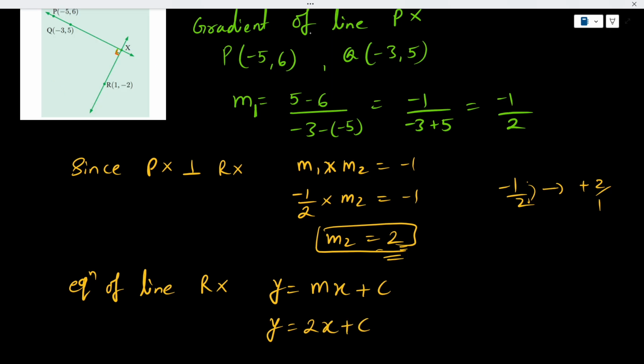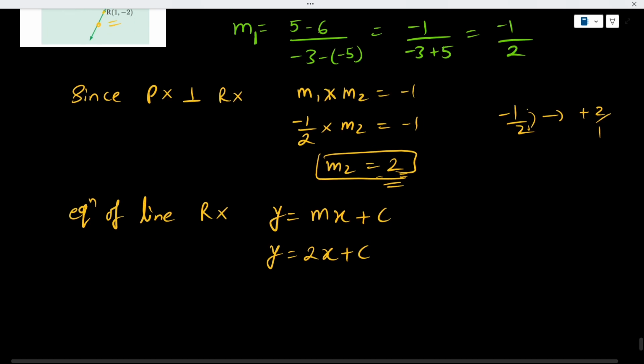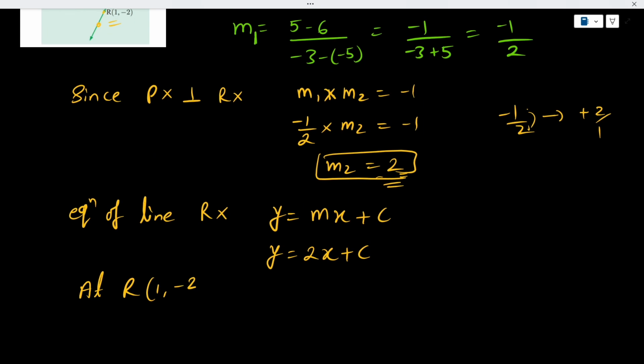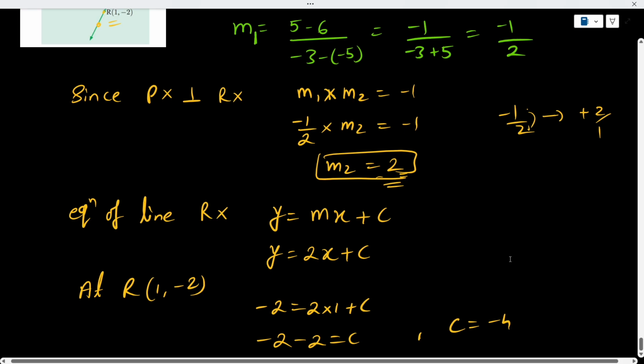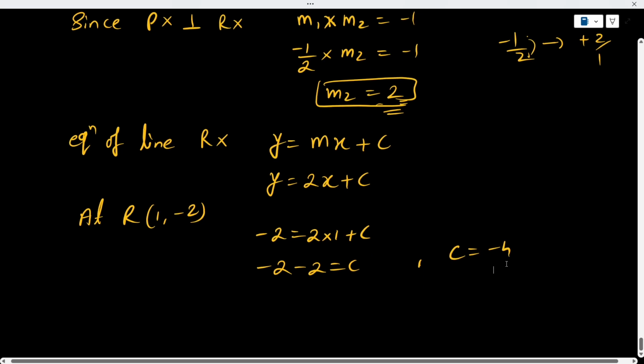All the points on this line satisfy the equation, and R falls on line RX, right? So I can take R, which is (1, -2). If I substitute, -2 equals 2 times 1 plus c. So c is -4. So you are getting the y-intercept as -4. That means the line is going to intersect the y-axis at (0, -4).